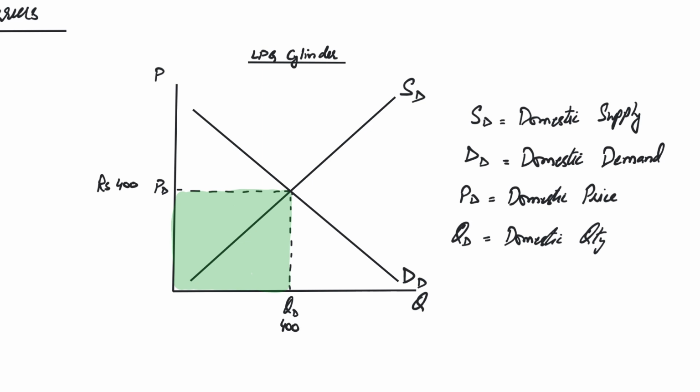So if I was to take out the revenue, my current total revenue in the market is 400 into 400 units, which gives me about 1,60,000. This is the current revenue, is what I'm trying to show here.